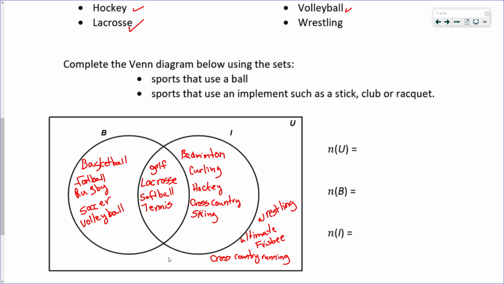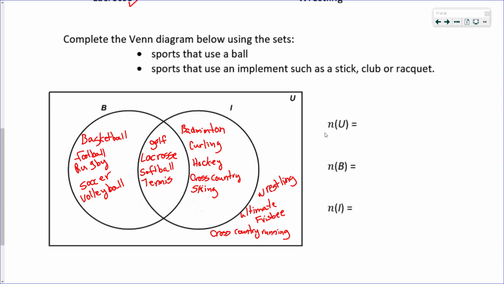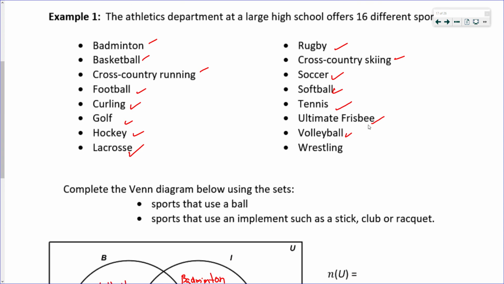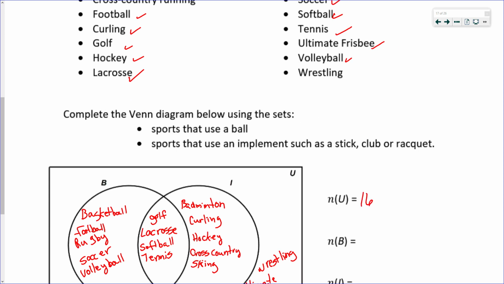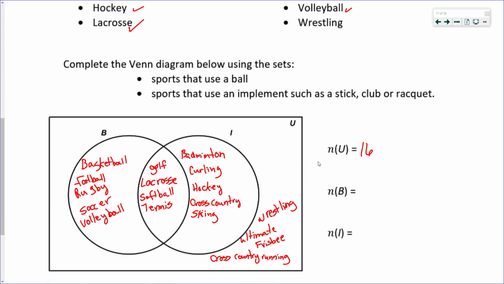Okay, so my number in my universal set, so that I can just go from the problem. I said 16 different sports, so that's how many sports I have, so 16. The number in my ball set, so that's including everything that's out here that just uses a ball, as well as everything in the middle that uses both. So it's 1, 2, 3, 4, 5, 6, 7, 8, 9.